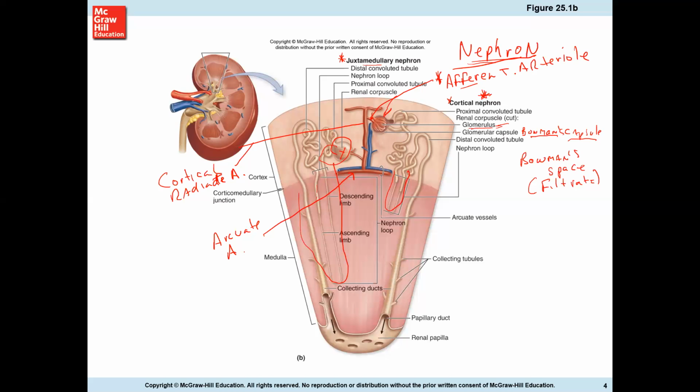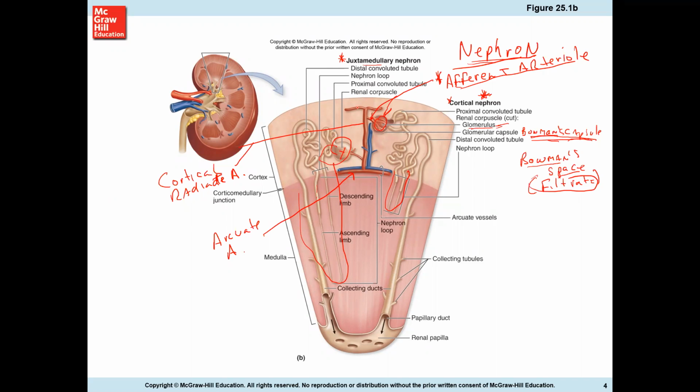So this is probably the most important of all the blood vessel branching, because this is bringing blood right into the glomerular capillaries, into the glomerulus, into the renal corpuscle, which is surrounded by a capsule, which is called the glomerular capsule or Bowman's capsule. And the space between the glomerulus and the Bowman's capsule is called Bowman's space or glomerular space, and that's where filtrate is.